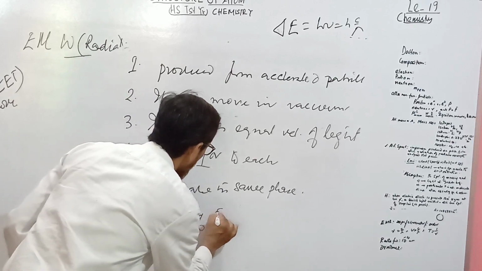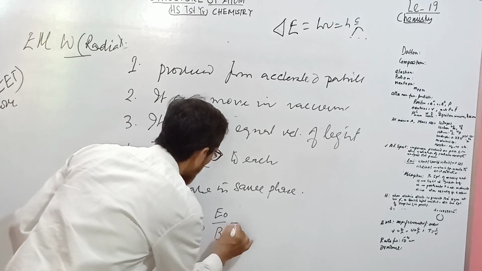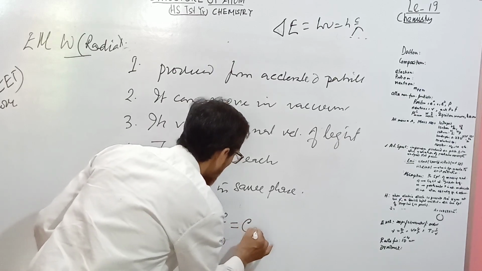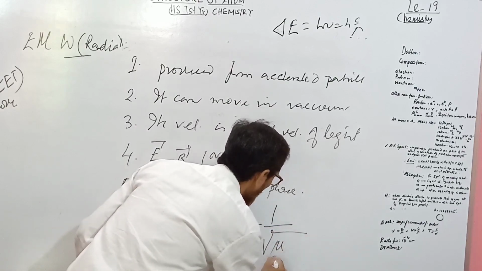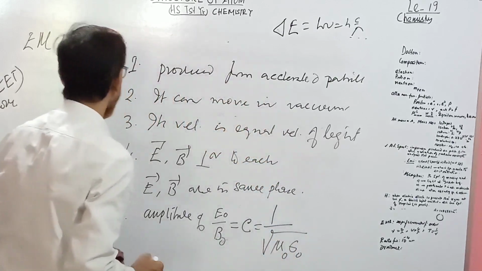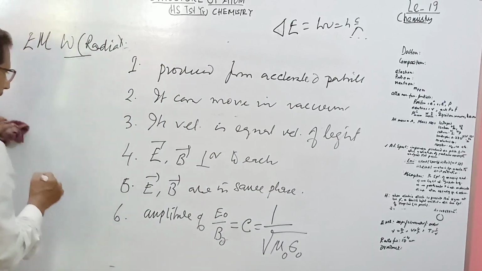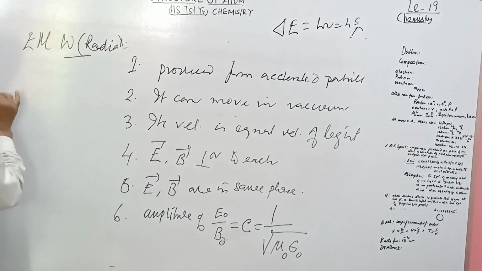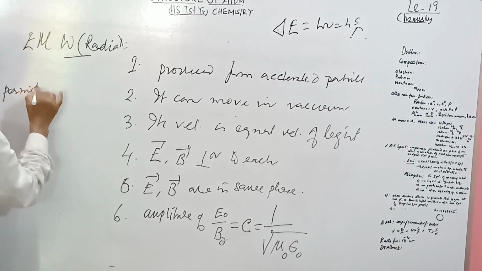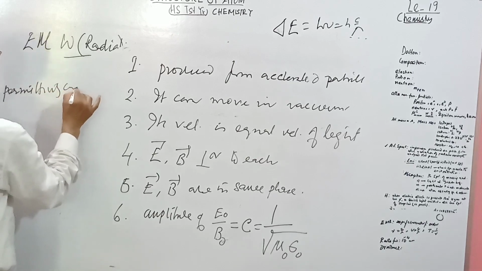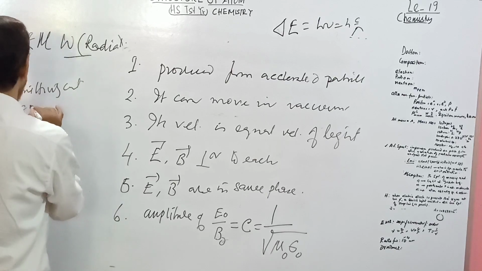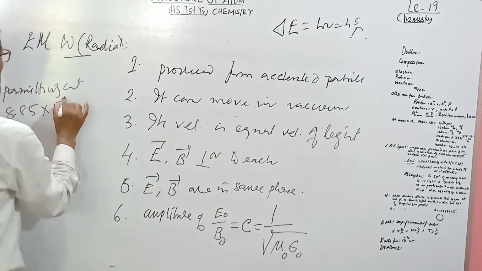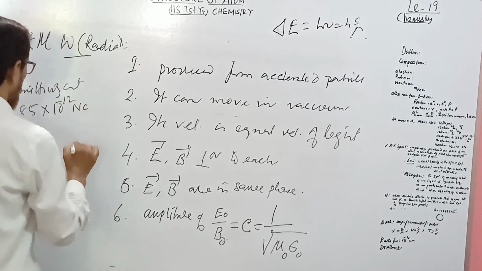And next, the amplitude of the electric field divided by the magnetic field is equal to the velocity of light, and this velocity of light is equal to 1 by root over mu naught epsilon naught. The value of epsilon naught, the permittivity constant, is equal to 8.85 into 10 to the power minus 12.